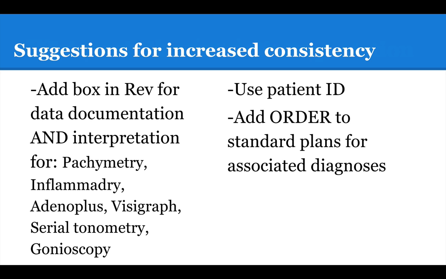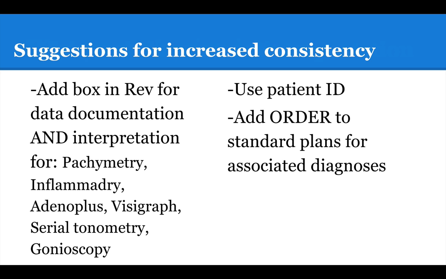But a few of our tests, we could incorporate that into Revolution. So for Pachymetry, Inflammadry, Adena Plus, Visigraph, serial tonometry, and gonioscopy, our documentation in Revolution doesn't give us great space there to write an interpretation. And so that's one thing that we can modify in Revolution.